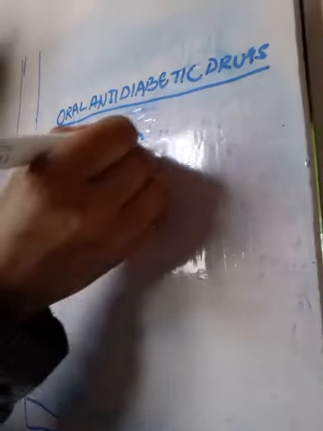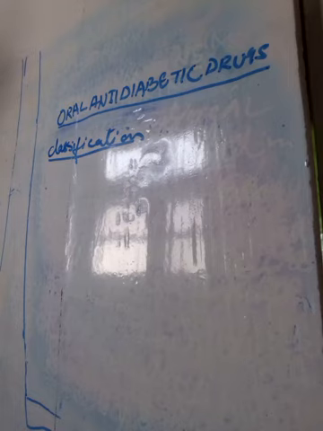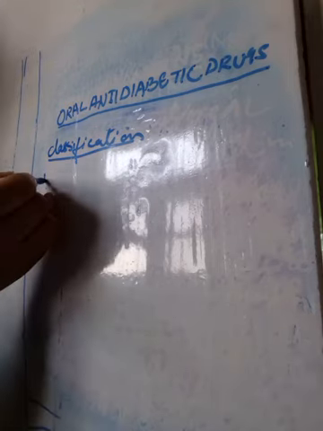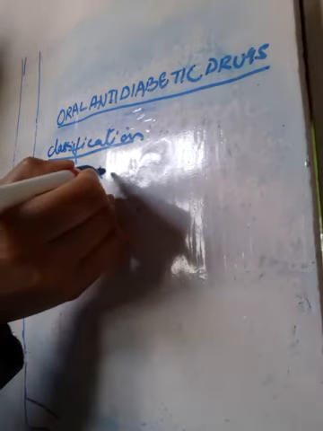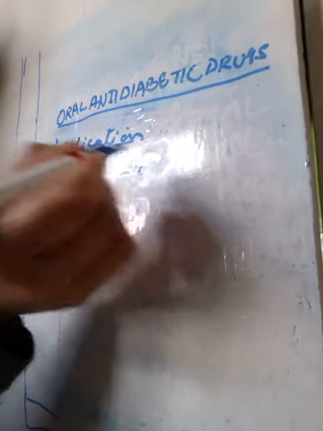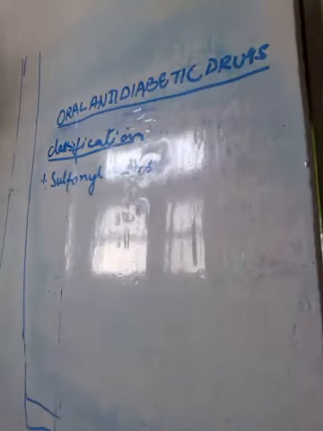Classification. We have classified the oral antidiabetic drugs in a number of groups. Number first includes sulfonylureas. In sulfonylureas, we have two categories.